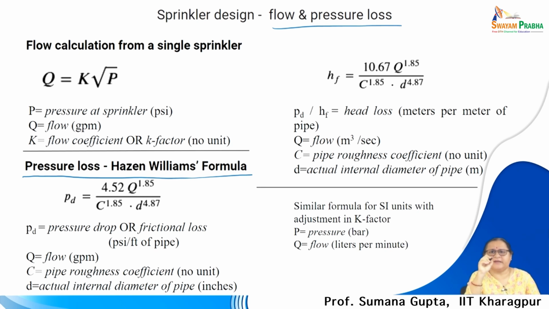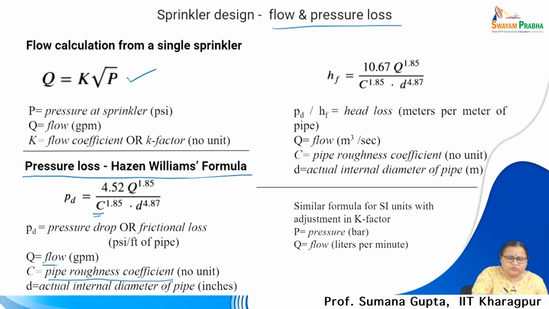So, every time the total running length of the pipe also should be considered to design the sprinkler system. If it is a very large system, you also have to account for the pressure loss due to the running length because of the pipe characteristics which is given by this C, that is pipe roughness coefficient.